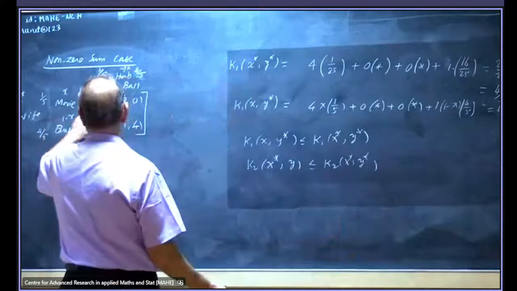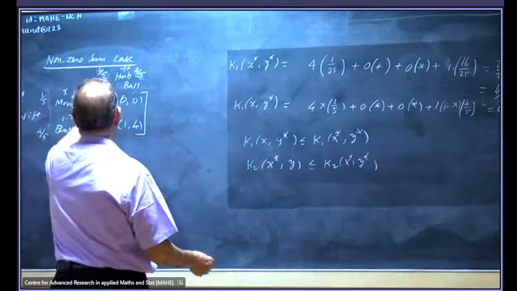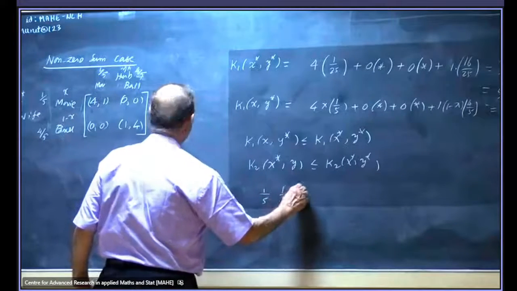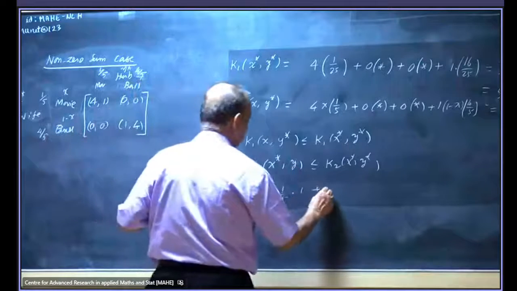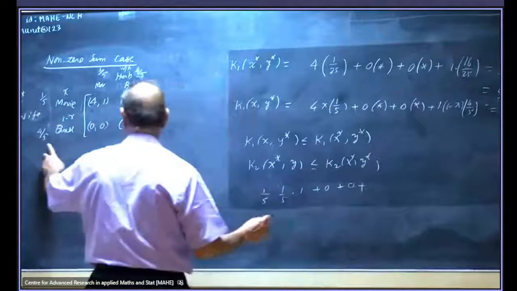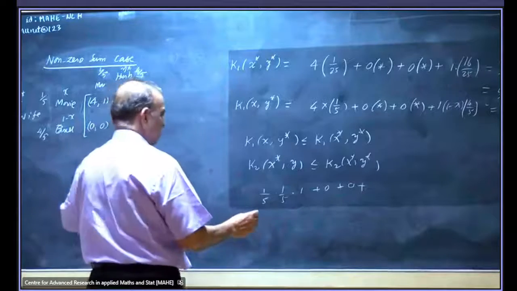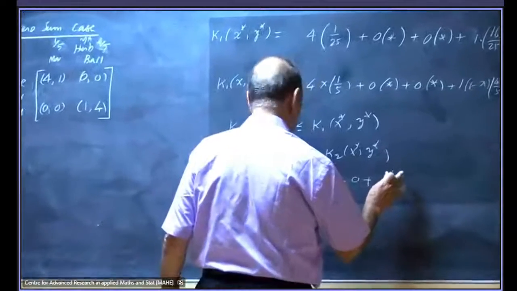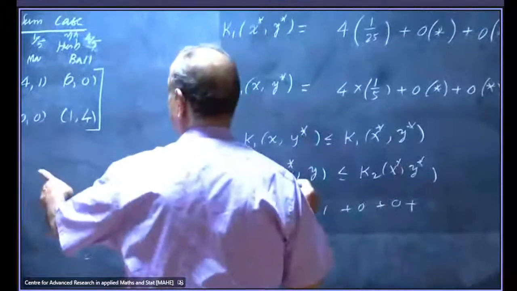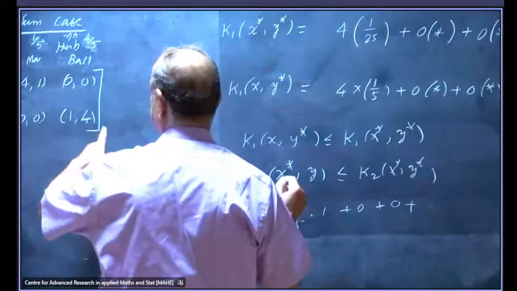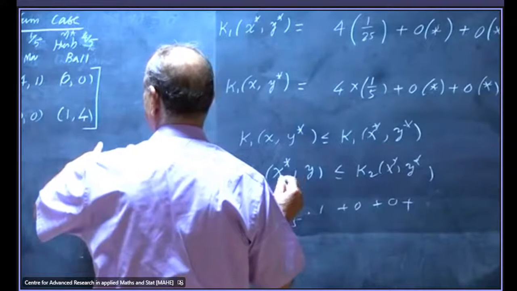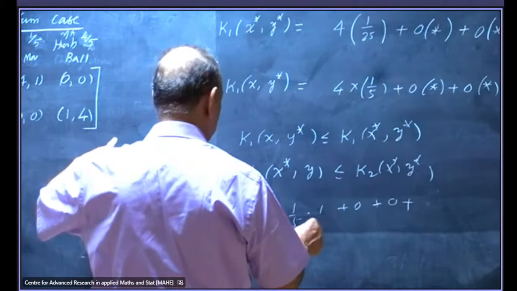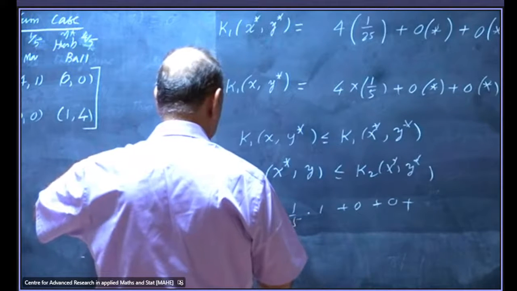Which, when you do the same calculation, is 1/5 times 1/5 times 1 plus the other things contribute nothing. The other one is 4/5 times 4/5 times 4. What is happening? 4/5 times 16 over 25, 64 over 25. What is happening here?